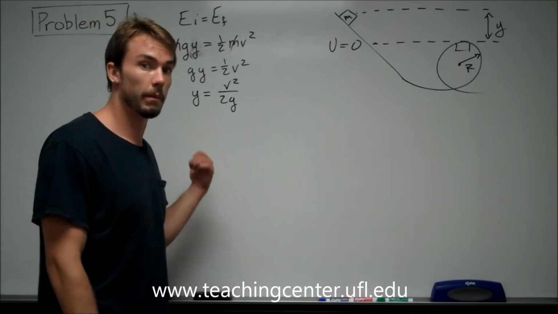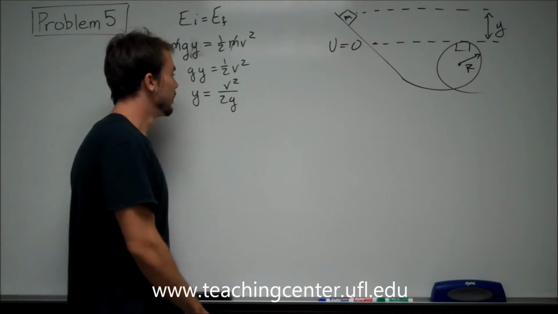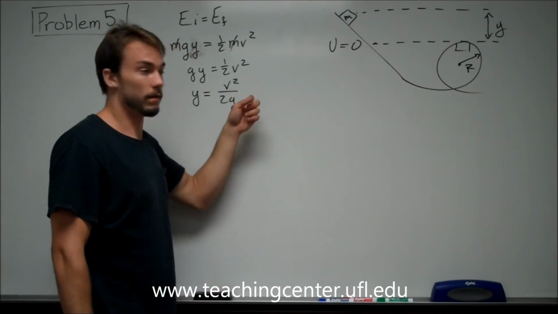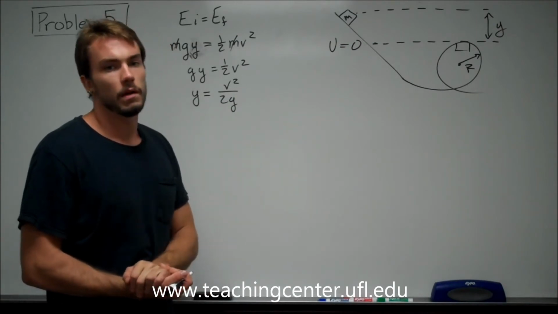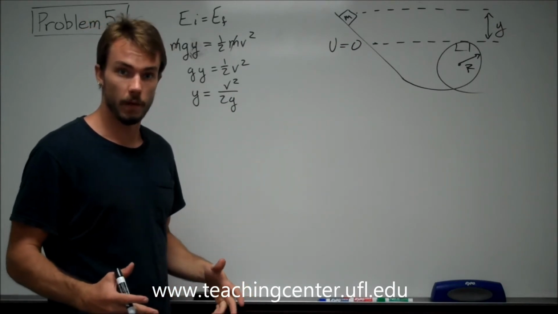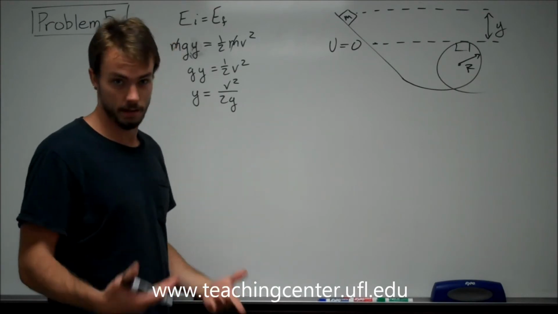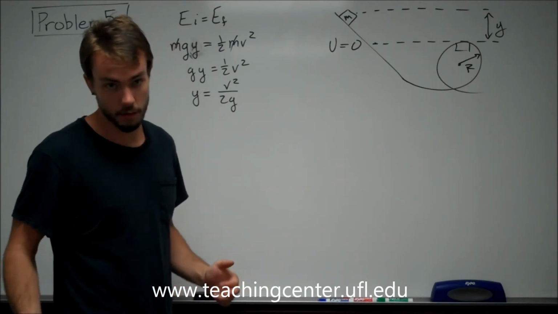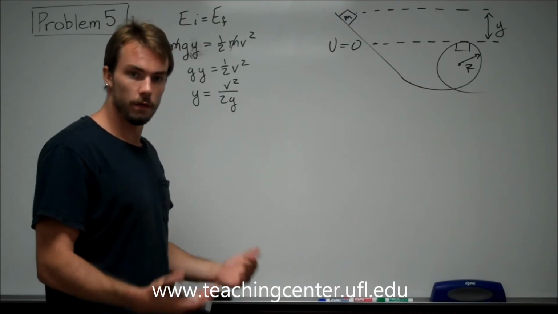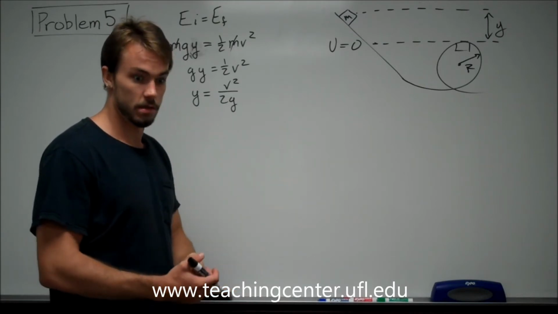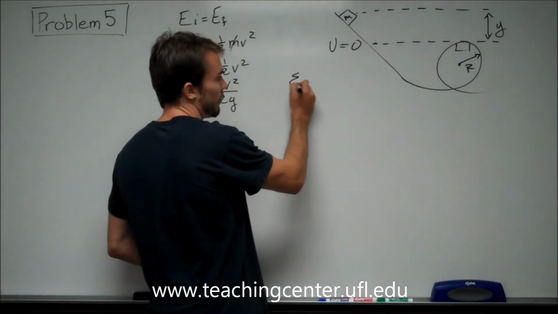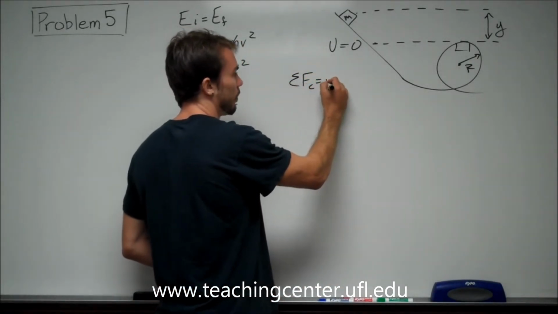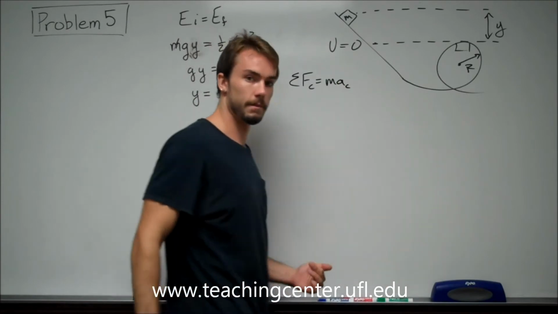So we need to find some more information, preferably a way to get rid of this v squared and this g. Anytime you have something moving in circular motion, and you know information about it, especially the radius, which all our answers are in terms of, you can use the centripetal force equation, which is just F equals ma. So the sum of our centripetal forces is equal to our mass times our centripetal acceleration.